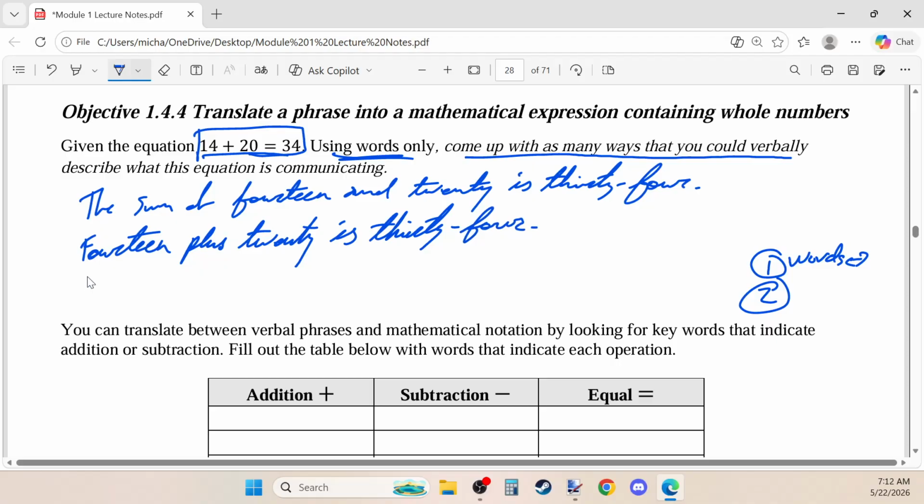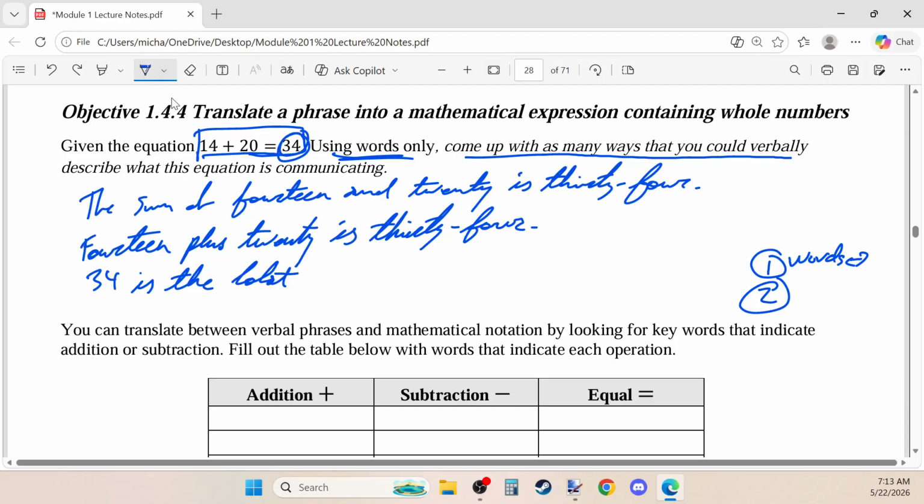or we might say, I'm going to be okay with you writing the number. 34 is the total of 14 and 20. Oh, I crossed the wrong thing. There we go.